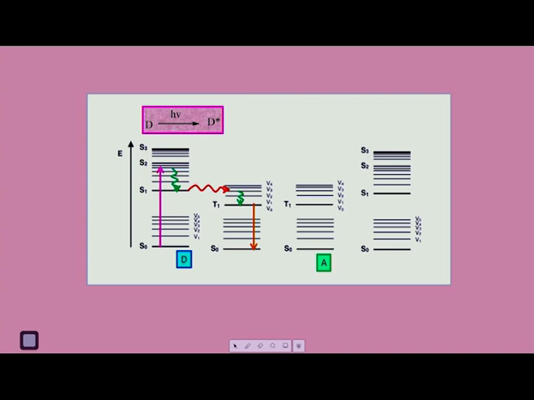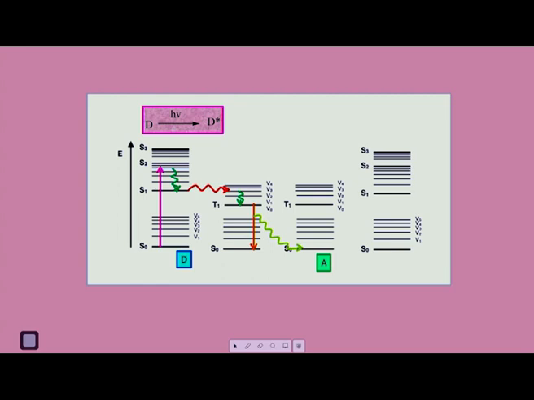When this relaxation happens, that is, movement of the donor species from the lowest vibrational level of the triplet state to the lowest vibrational level of the singlet state, energy is emitted. That emitted energy is taken up by the acceptor molecule. That is how the energy is transferred by the donor to the acceptor. So, it is not the acceptor which is getting excited by light radiation, it is the donor which is getting excited.